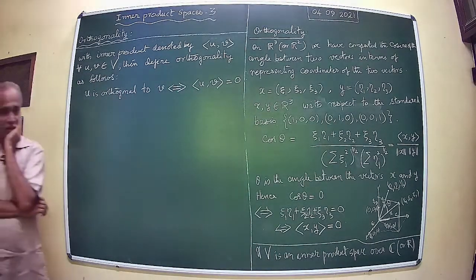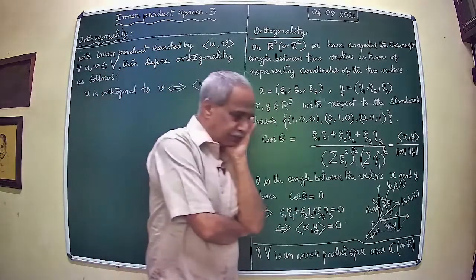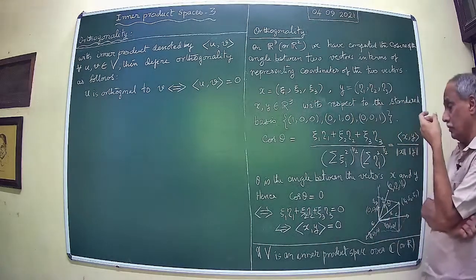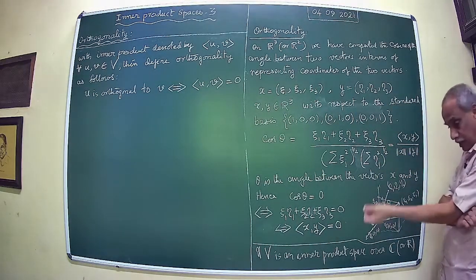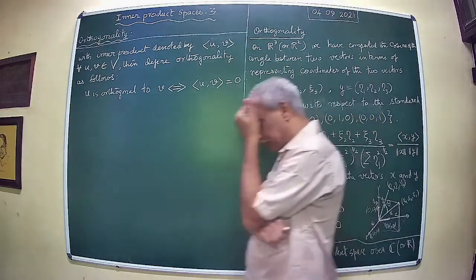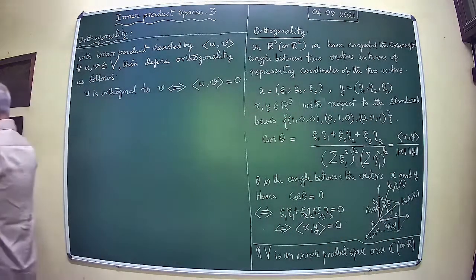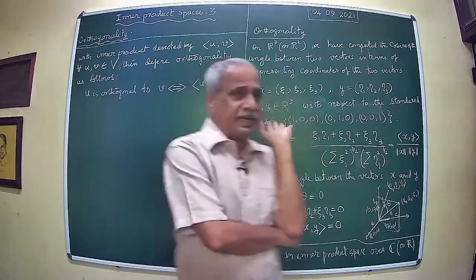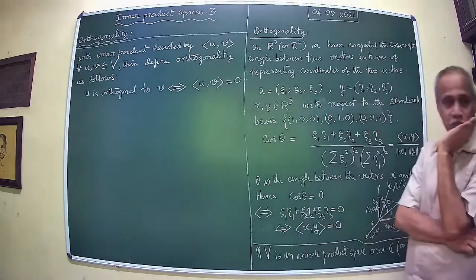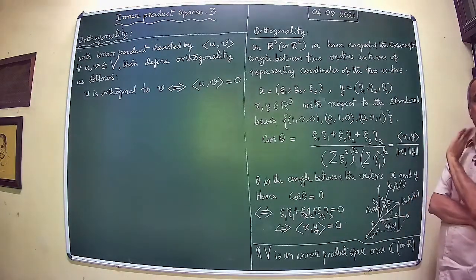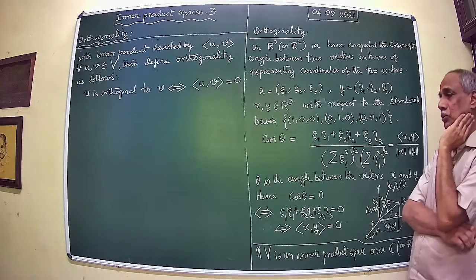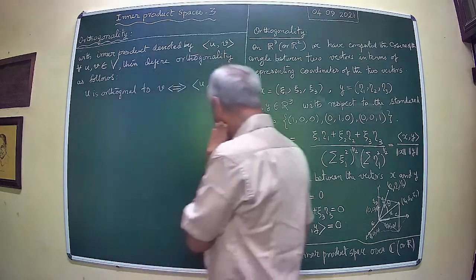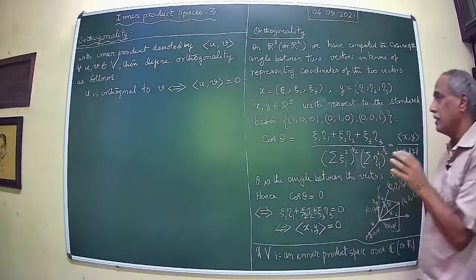Okay. Now I want to make a remark here for the sake of students. You see that we have lot of experience of working on R2 and R3. The geometry is visible. You can draw pictures. You can get a feeling in 3 dimensions. Use it in very many areas. Now we are trying to induce such concepts into the general scenarios.